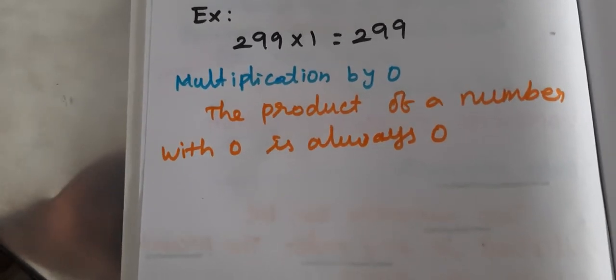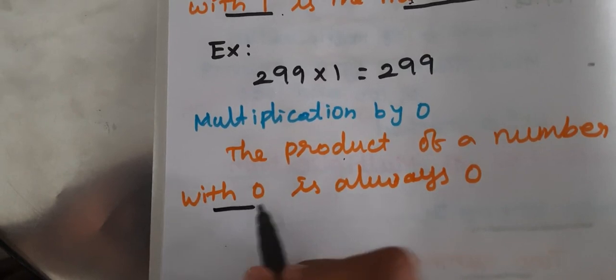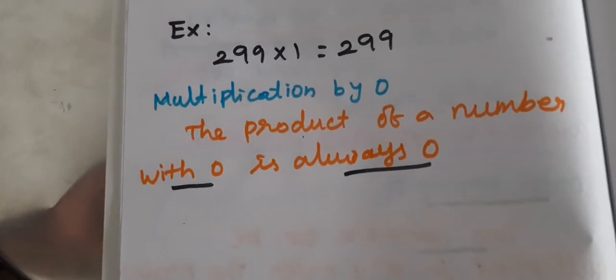So this is also one of the properties in multiplication. Multiplication by 0, the product of the number with 0 is always a 0. So this property also you learned in 2nd and 3rd standard itself.